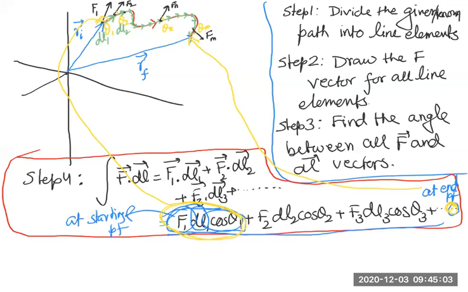Well, as you go from Ri to Rf along the given path, for every infinitesimally small step you take, you have to calculate the value of f, and you have to calculate the value of dl for every step, and you have to carry out a dot product between these two vectors. And when you add these infinite number of dot products, you will get the value of the line integral.